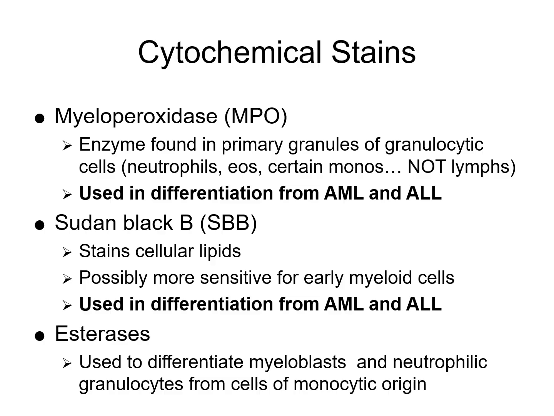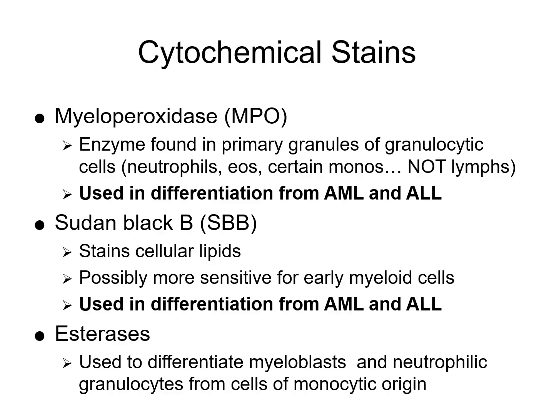It can be more sensitive than myeloperoxidase in detecting early myeloid cells and is often used alongside myeloperoxidase for confirmation. Positive cells will show black or dark blue cytoplasmic granules. For clinical use, it helps distinguish acute myeloid leukemia, which is positive for Sudan black, from acute lymphocytic leukemia, which is negative, particularly in cases where myeloperoxidase staining is weak or not working well.